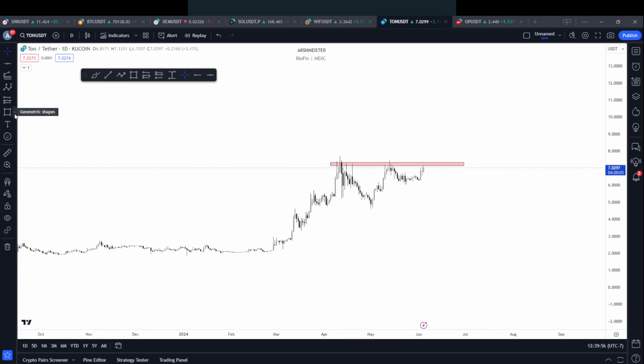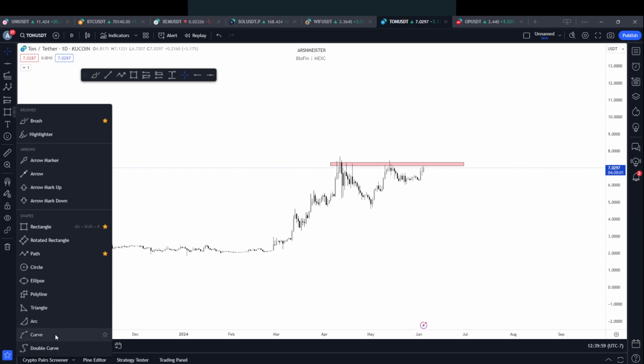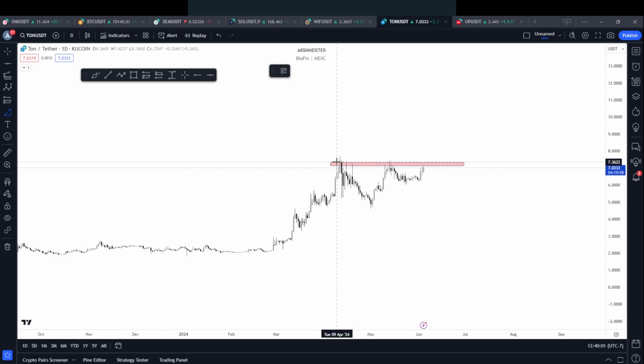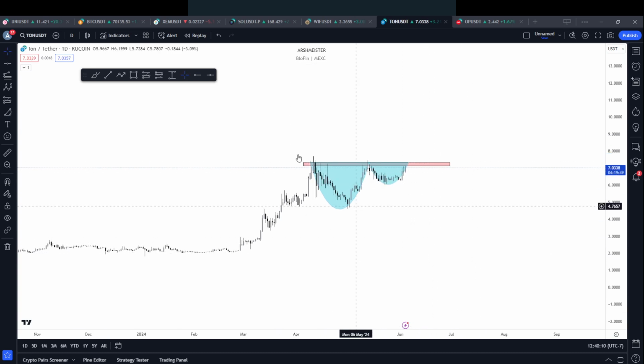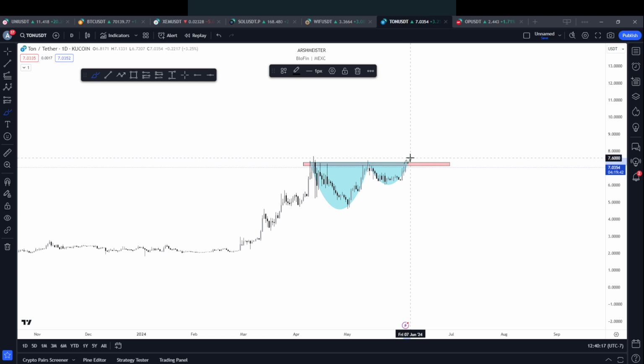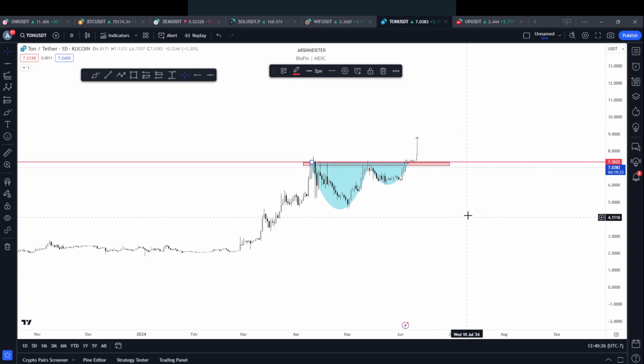Got a little cup and handle here. So you want this to break and then you long. That's if you're waiting for confirmation. This would be your setup, break and long.